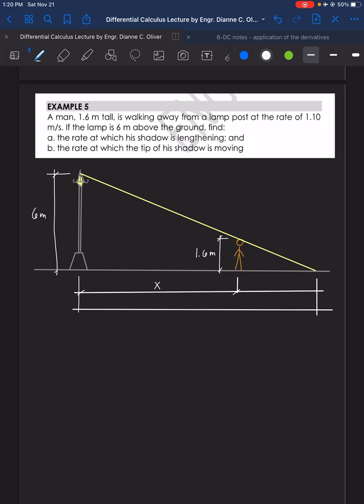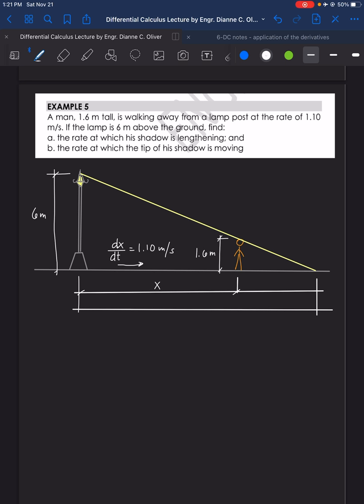Therefore, his rate as he is traveling is dx over dt. That is 1.10 meters per second. So the man is walking 1.10 meters per second.